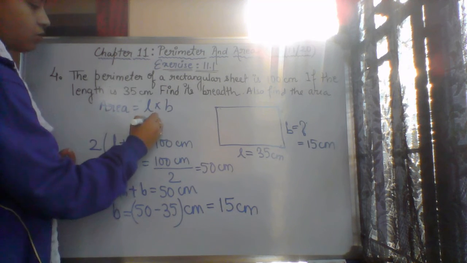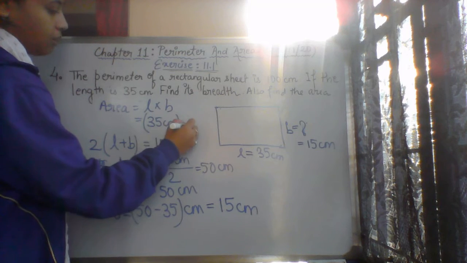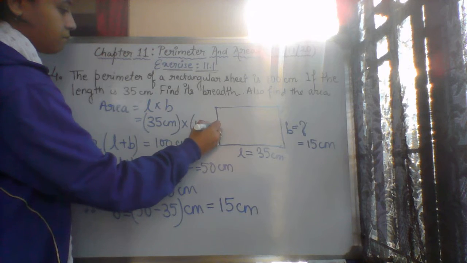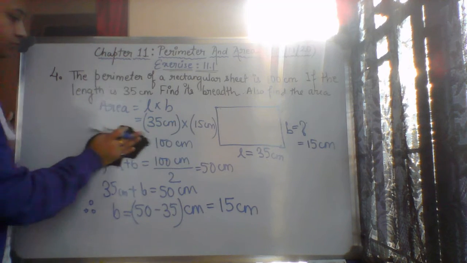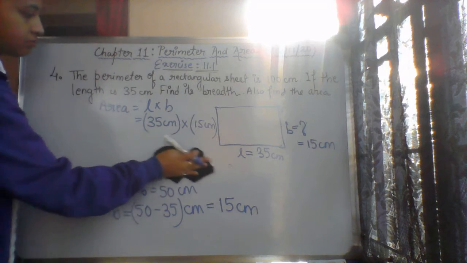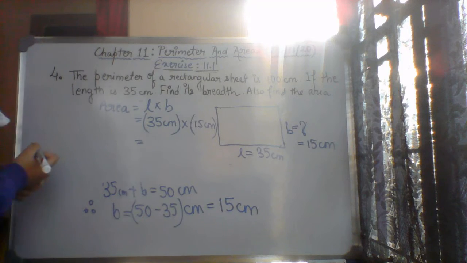Length we know, 35 centimeter, multiplied by breadth 15 centimeter. How much will it come? 35 into 15.